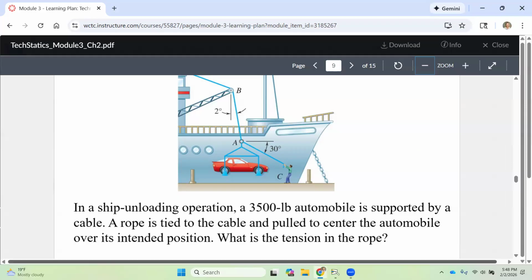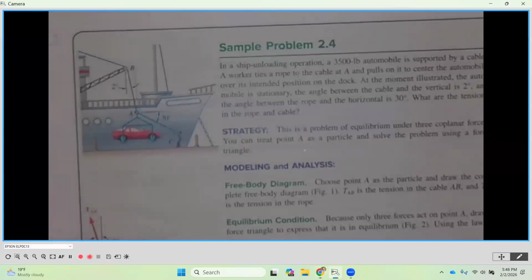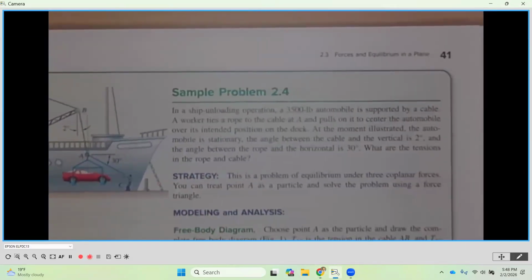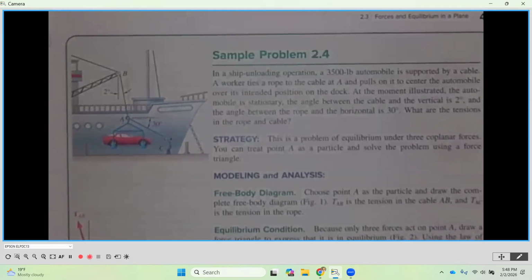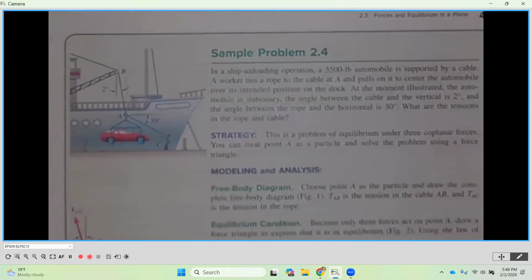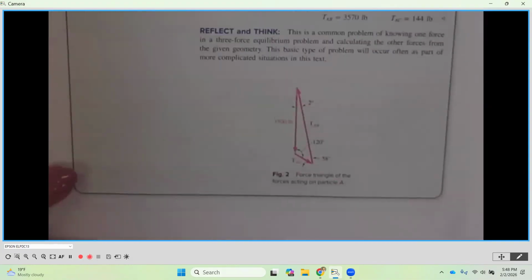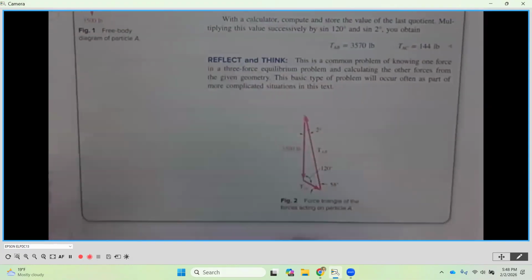All right. So what we are going to do is on page 41 is where this problem is. What we're going to do is go through the process of solving this problem, but we're going to do it a little bit differently than what the book is going to do. The book is planning on doing it with a graph, kind of like that tip to tail method with the triangle.